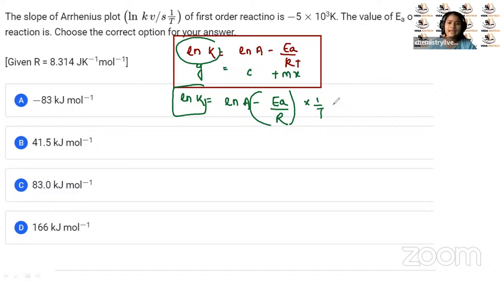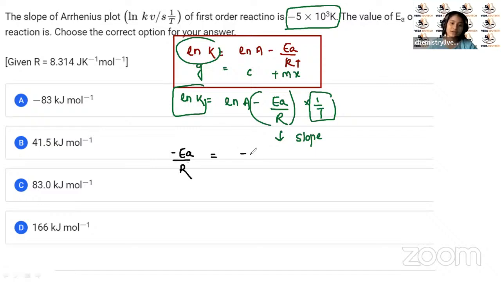So ln K and 1 by T, that means this is your slope. Yes, this is your slope. And here the slope is given to us as minus 5 into 10 to the power 3. That means, can I say that from this equation minus EA by R is equal to minus 5 into 10 to the power 3? Minus and minus is going to get cancelled.